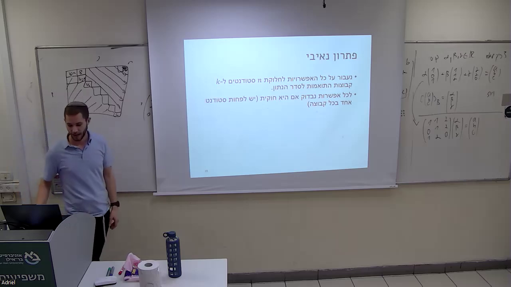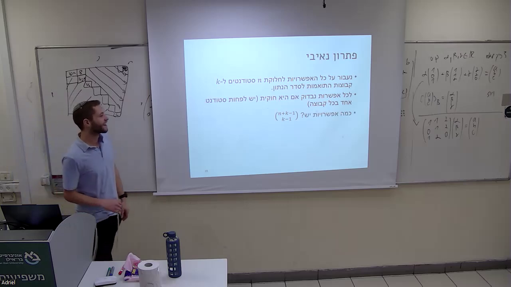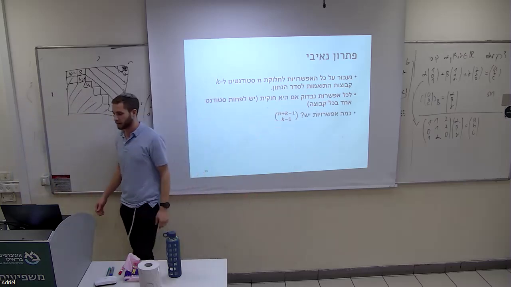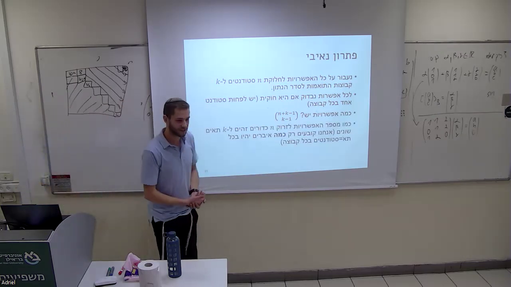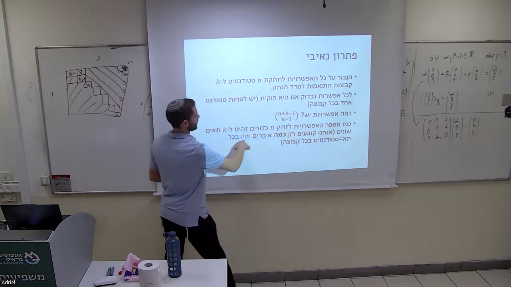How many options do we have? K minus 1 choose n plus k minus 1. Why?